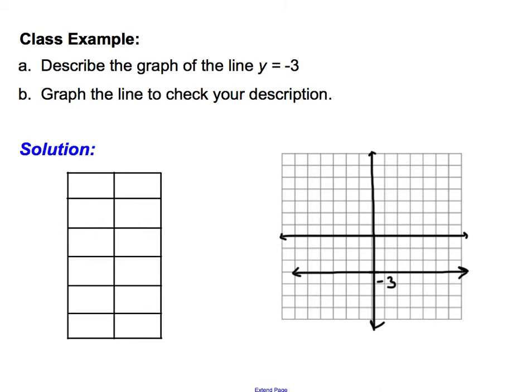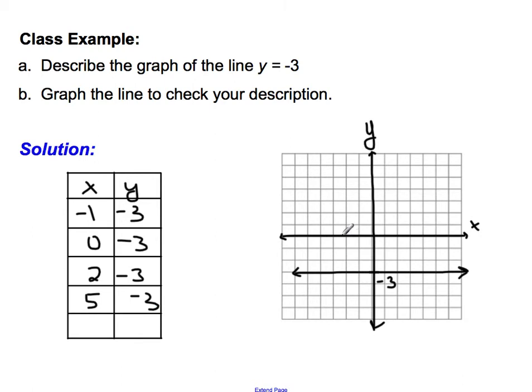Okay, crosses the y-axis. We should label our axes though. Crosses the y-axis at negative 3. So it must be a horizontal line. Now in order to create your table, it does not matter what your x is. It's negative 1, negative 3; 0, negative 3; 2, negative 3; 5, negative 3.